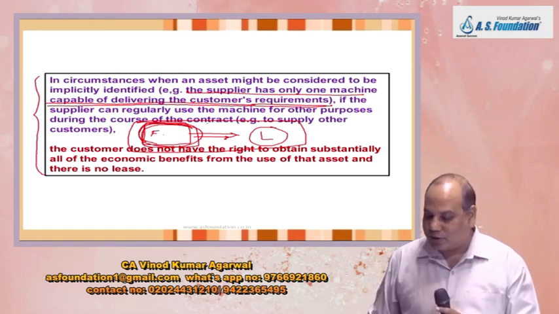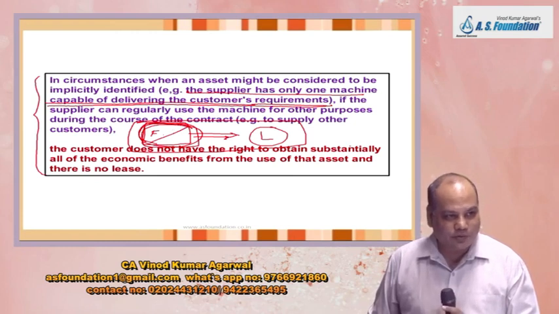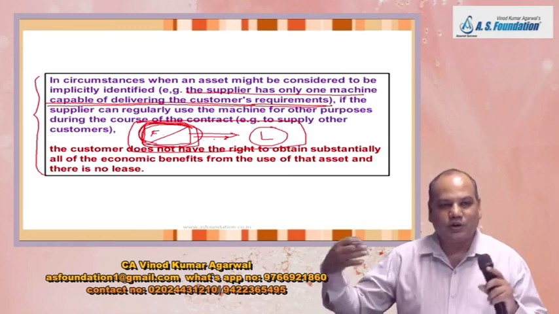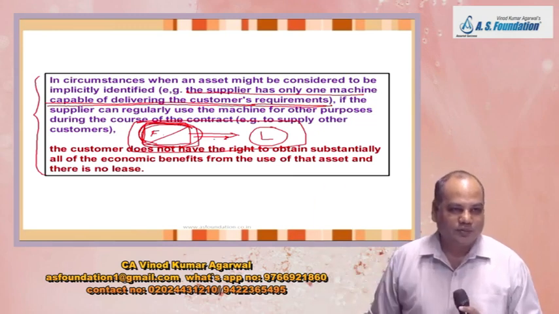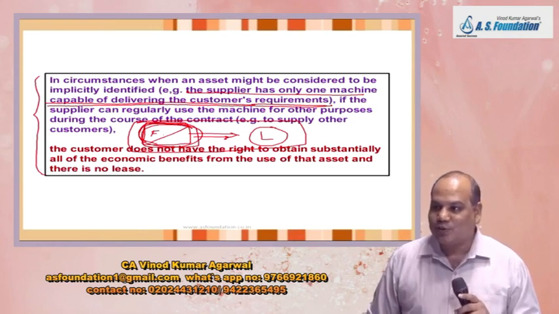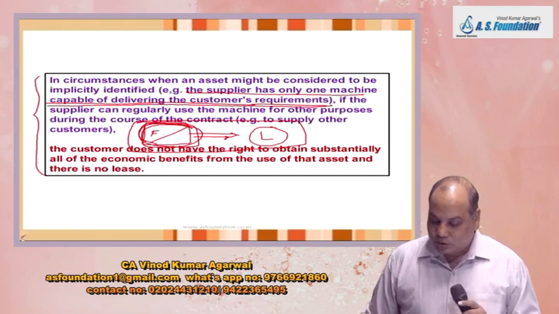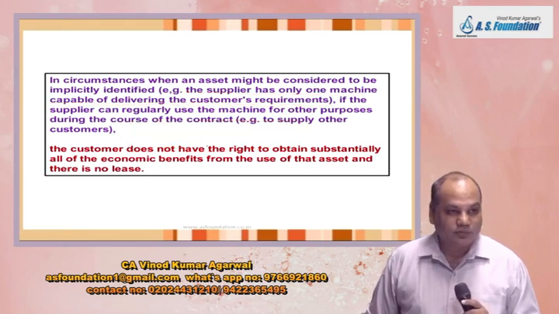But if suppose this factory owner says 50% of my capacity I will use it for you, and remaining 50% I am free to produce and sell to others, then it is not a lease. Because then L does not have exclusive rights over this asset. It does not get substantially all the economic benefit. So these are called hidden leases now.